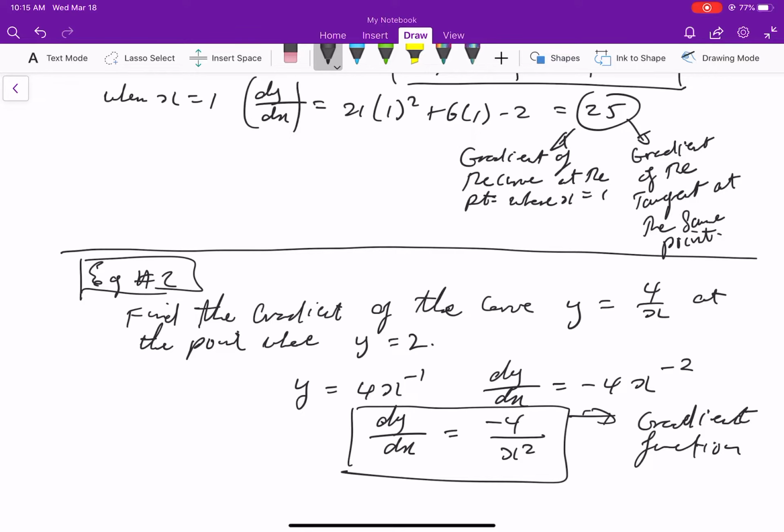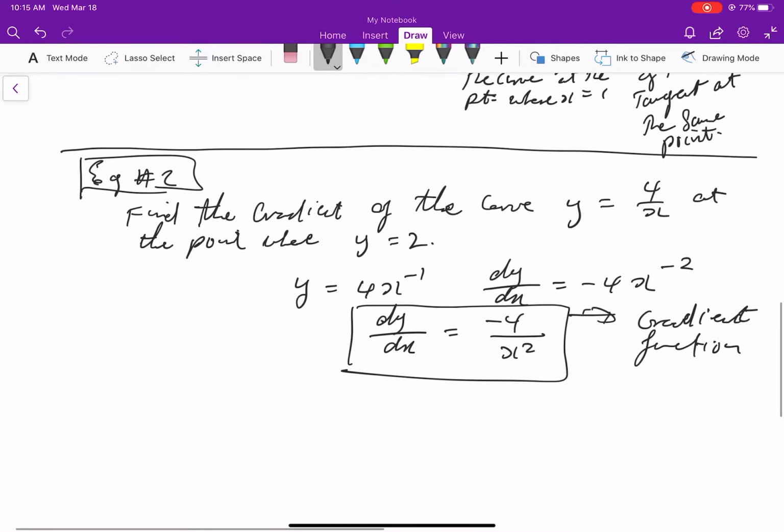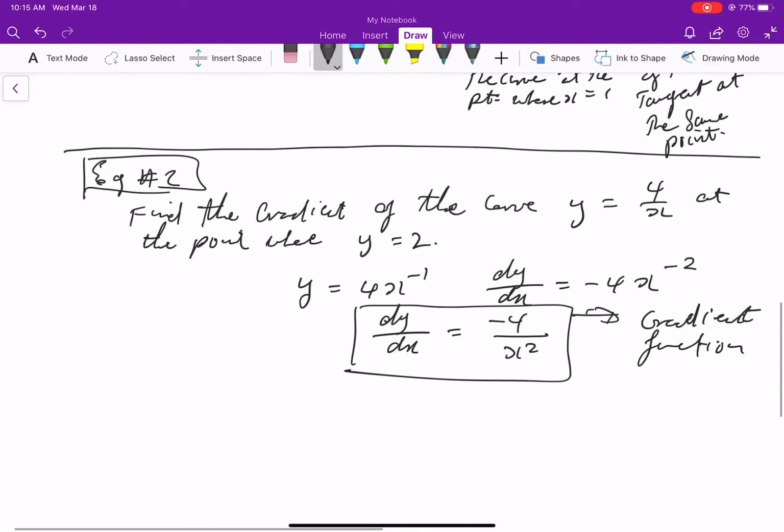This one might be a little more tricky than the first one, because again, as you can see, the gradient function depends on x. But I didn't give you a value of x. I didn't ask you for the gradient at the point where x has a value. I wanted you to find the gradient of the curve at the point where y has a certain value.